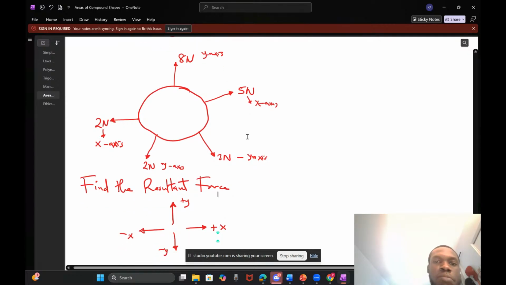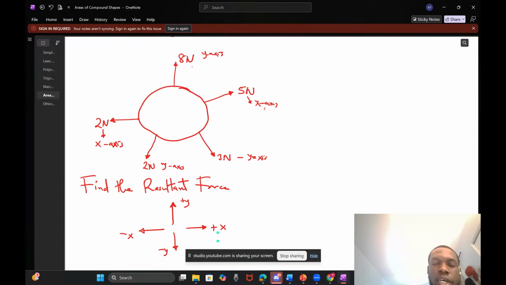That's why I label this side as y-axis, x-axis, y-axis, y-axis, x-axis. If it is facing up for y-axis, it is positive. If it is facing down for y-axis, it is negative. If it is facing left for x-axis, it is negative. And if it is facing right for x-axis, it is positive.